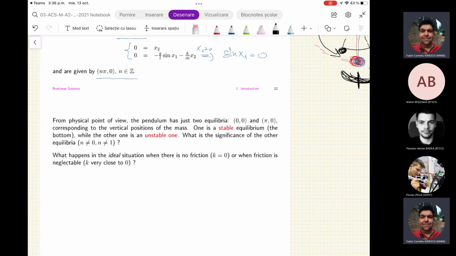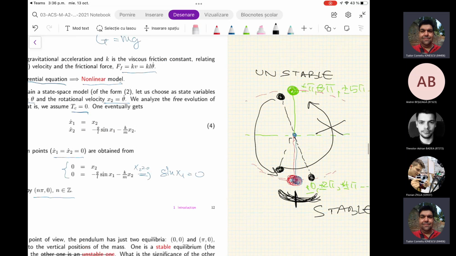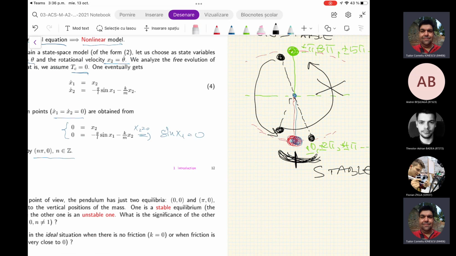What happens when there is no friction? That's a good question. Even if the pendulum is hanging, I'll just make it longer.